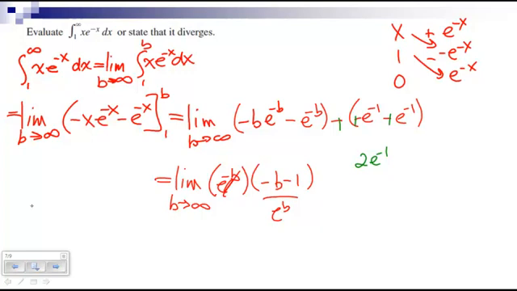Which is an indeterminate form in which L'Hopital's rule could be used. And if we apply L'Hopital, the b is going to go away, but the e to the b is going to stay. This bad boy goes to 0. And then I get 2 over e, which is correct. And therefore that improper integral converges.